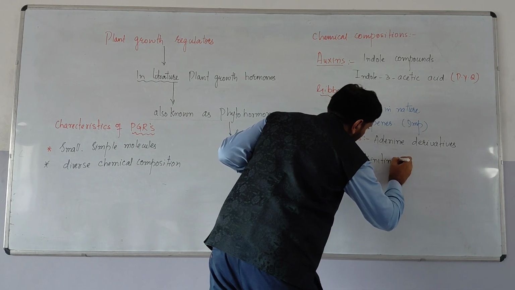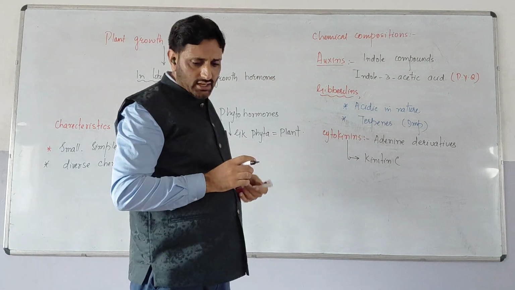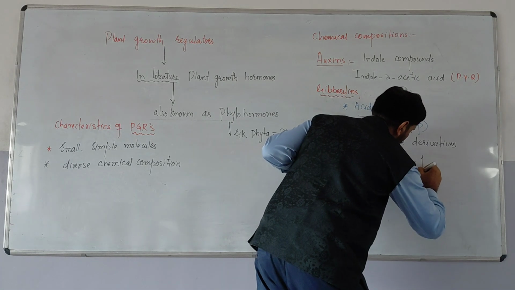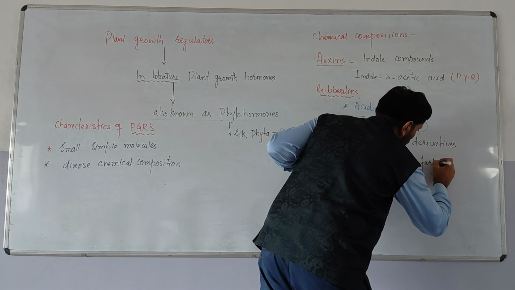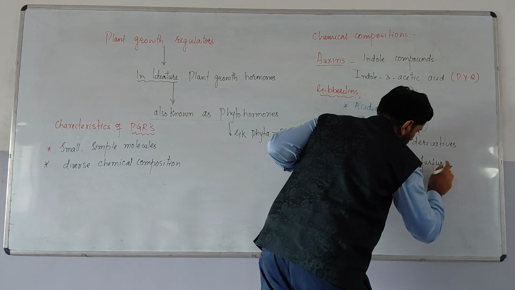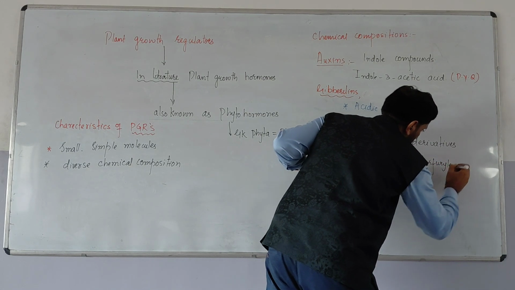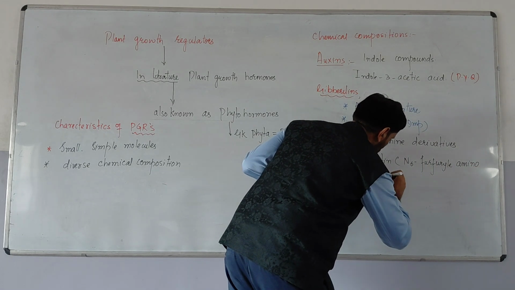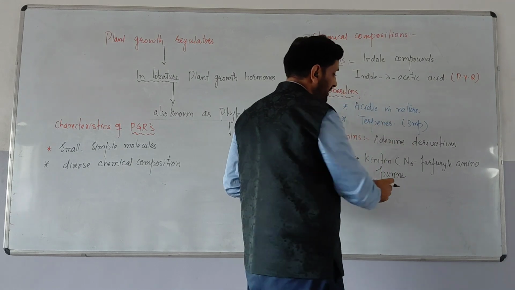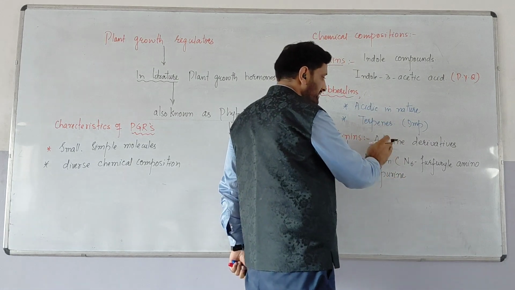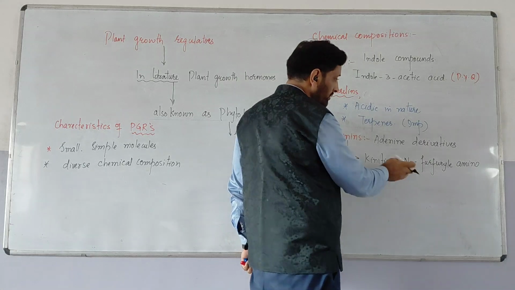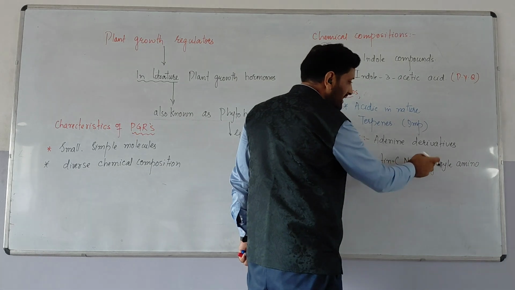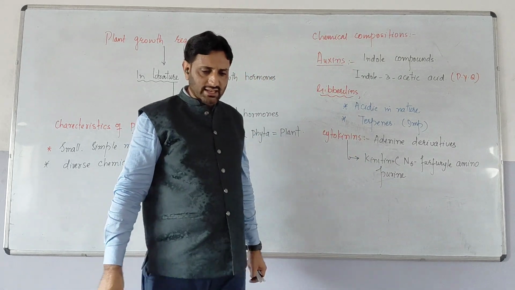Kinetin's chemical name is N6-furfuryl aminopurine. You know that among purines, one of the purines is adenine. So this is a purine derivative, or we can say adenine derivative. Kinetin is N6-furfuryl aminopurine. Is this clear or not?